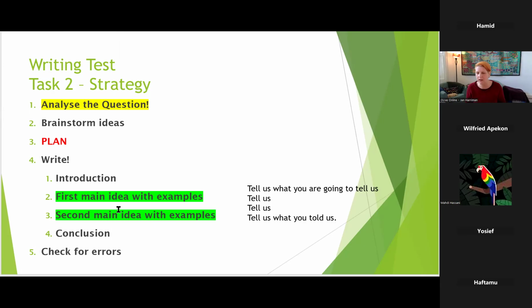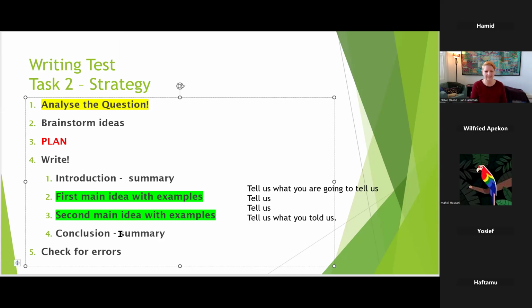Once we've made the plan of what these 2 paragraphs are going to be, then we know exactly how to summarize it here and summarize it there. So the only thing we need to think of is what is going in these 2 paragraphs.